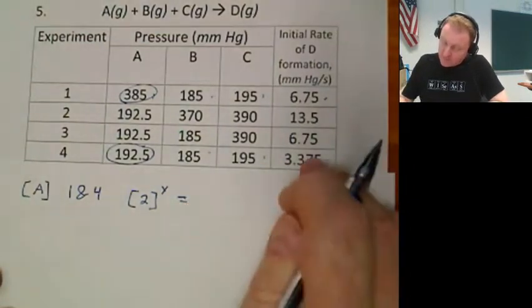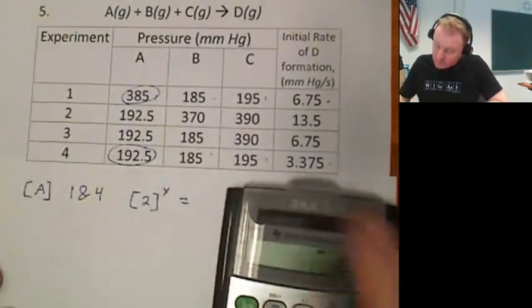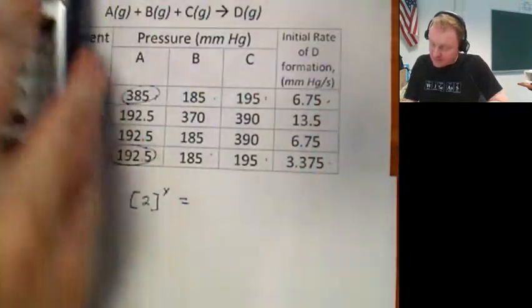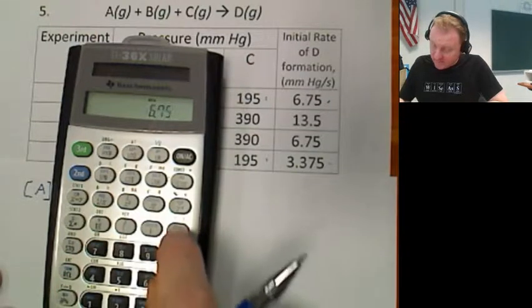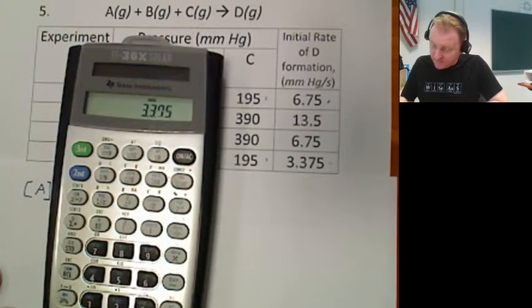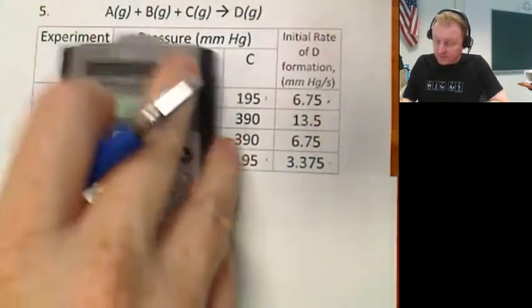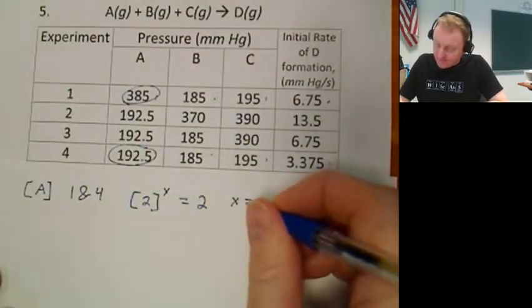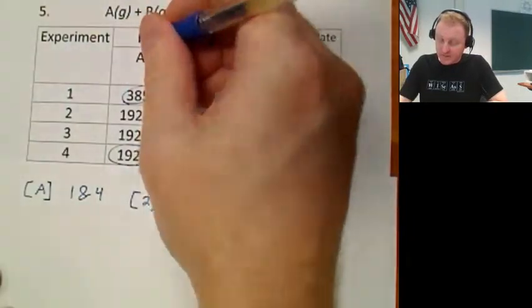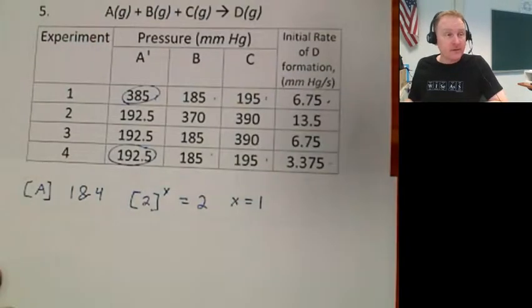And what happened to the rate between these two? 6.75 divided by 3.375, and the rate doubled. Well, that's nice. Therefore, that's first order. So A is a first order reactant.